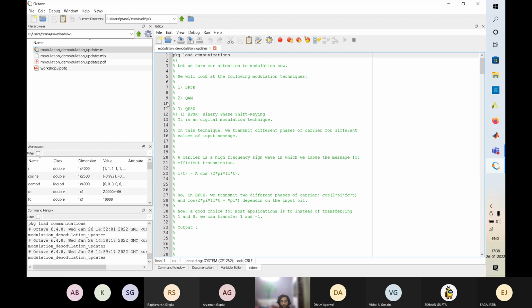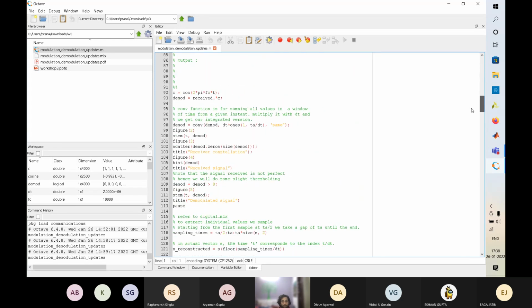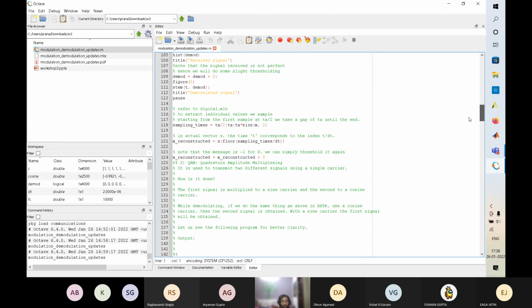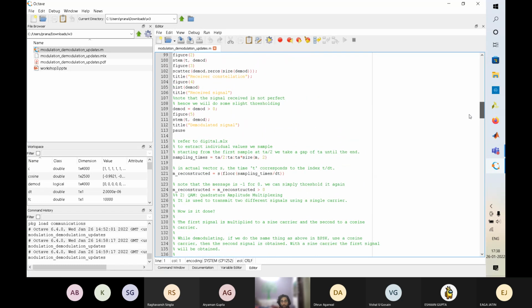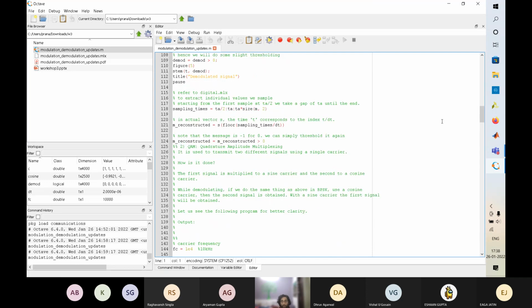We make a lot of files, and we run each file one at a time and get the output from them to verify the output one at a time. Then we combine those files together in the main file, and that main file is used to call all the other functions. So that is the better approach.